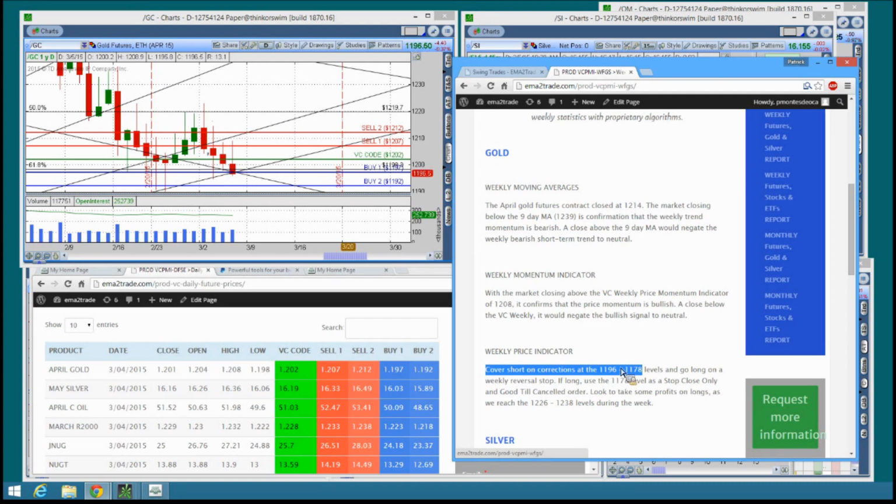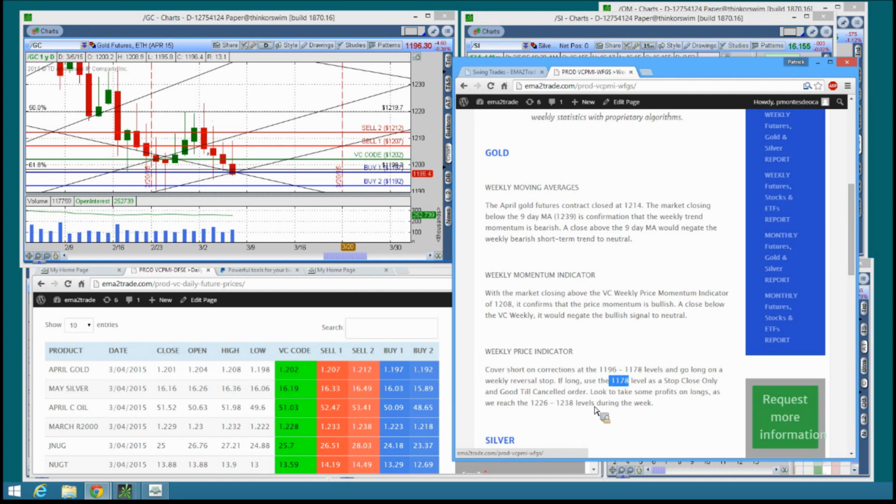And it's telling you that this area between 1196 and 1178 should be an area where you cover your shorts and reverse and go long. And if you go long, to use the 1178 as your stop level for the week.